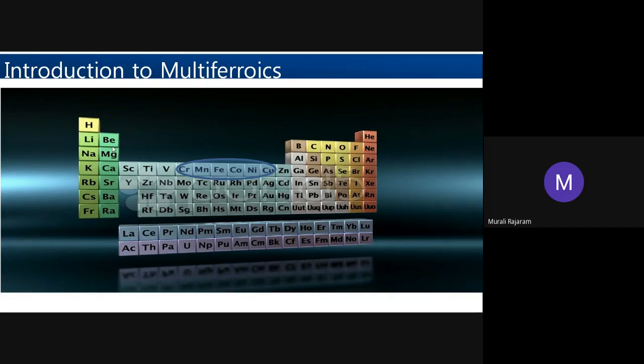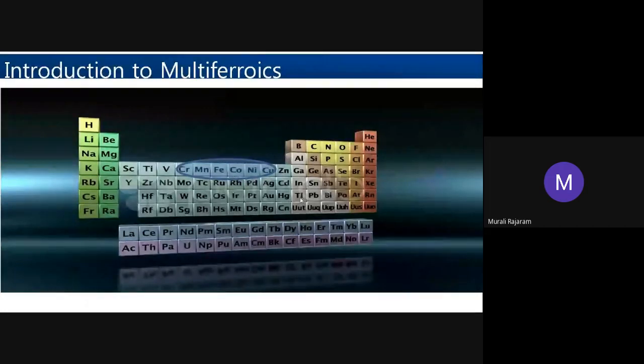So you have the exclusion principle. You can't have a ferroelectric material where the d orbital is half filled, or a magnetic material where the d orbital is completely filled or empty. That is why having multiferroic materials with both ferroelectric and ferromagnetic properties is very difficult.